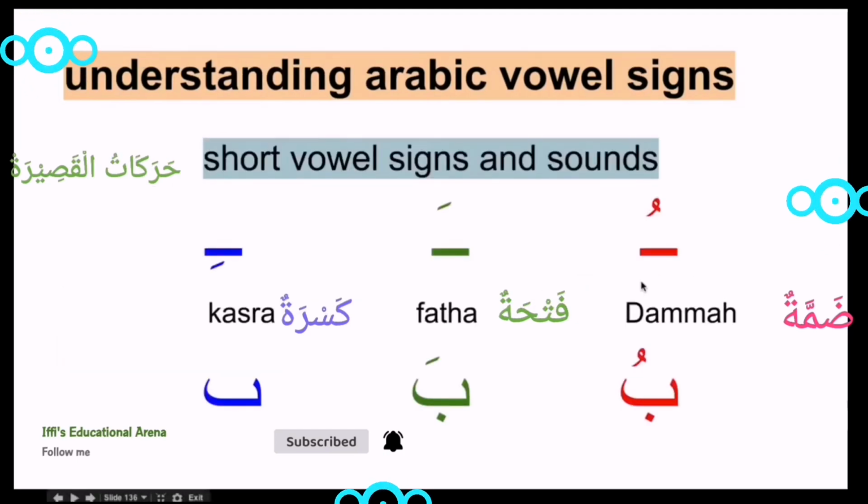These signs we have what is called a sign of Dhamma, Fatha, and Kasra. These are called short vowel signs and they're short sounds. For example, if it is written in a word, it is pronounced as bu, like a short burst, ba, bi. So it is Dhamma, Fatha, and Kasra.